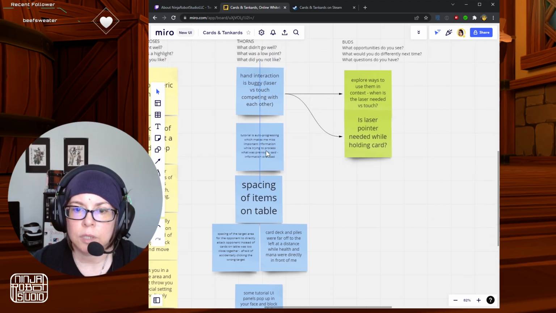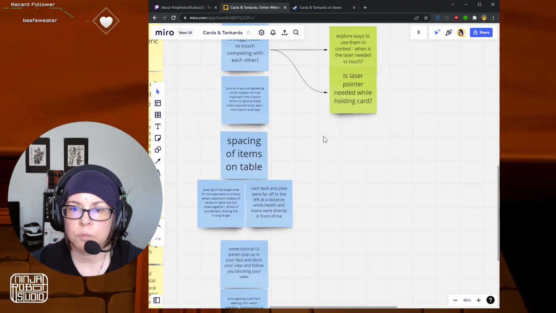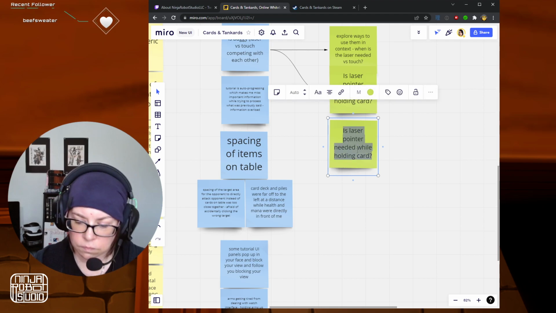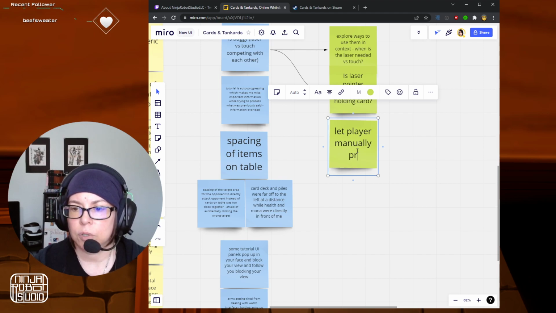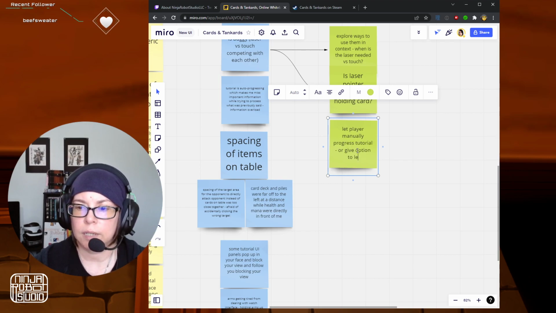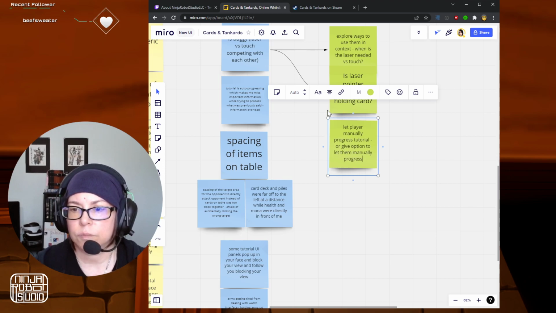Okay, tutorial is auto-progressing, which makes me miss important information. Let the player manually progress the tutorial, or give the option to let them manually progress.